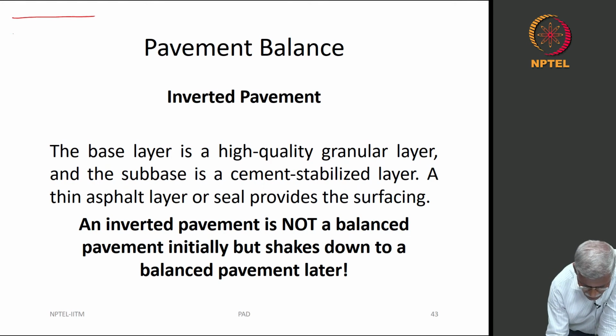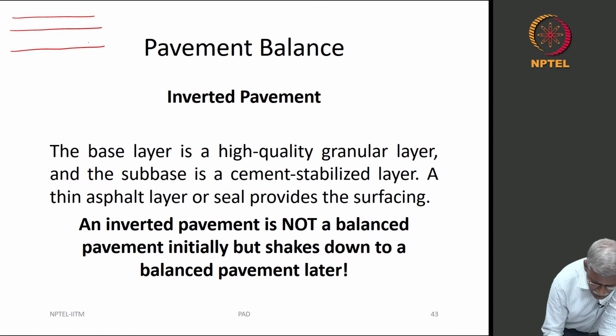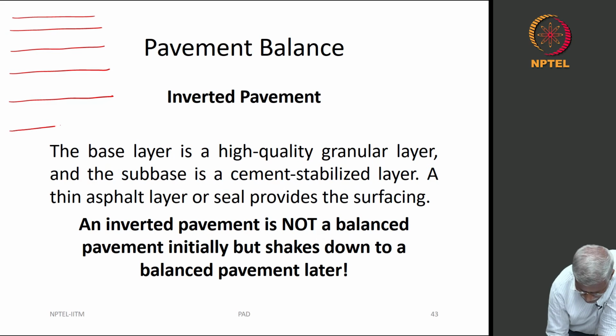So, let us draw. This is your wearing course, this is your binder course, this is your base course, this is your subbase, and this is some capping layer, and this is your subgrade.